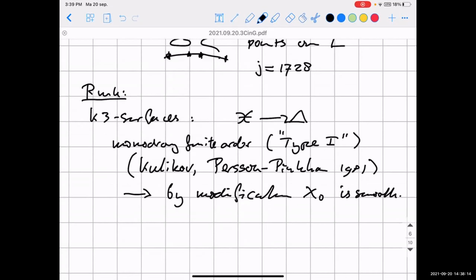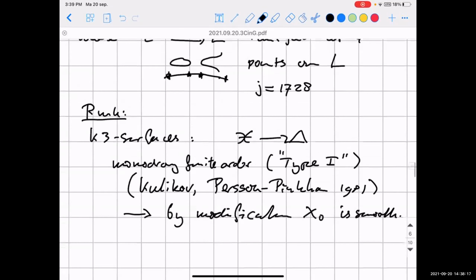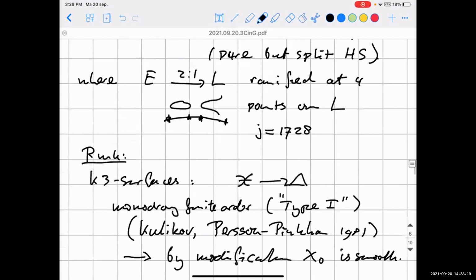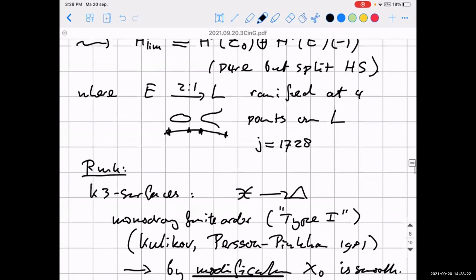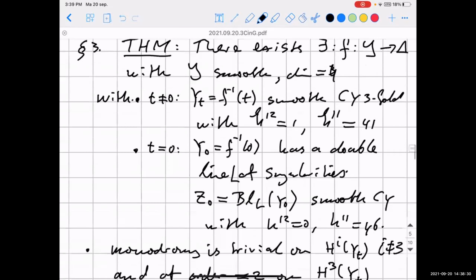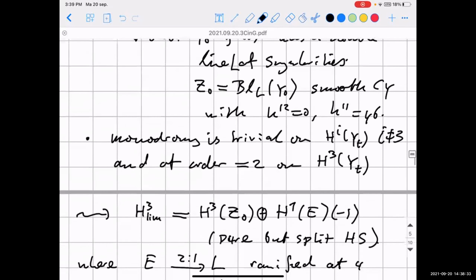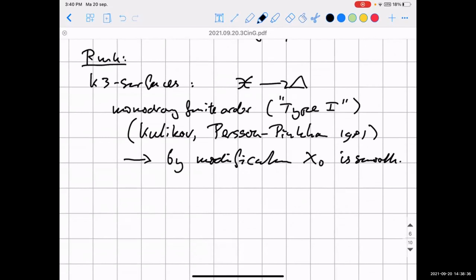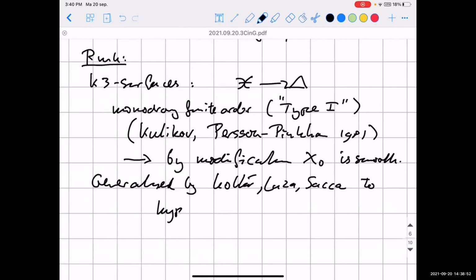But no such thing can happen here because the Hodge numbers are different, and so there is no way in which this can appear in a topologically trivial family. This theorem of Kulikov, Persson, Pinkham is generalized by Soldatenkov and others to hyperkähler manifolds of high dimension.